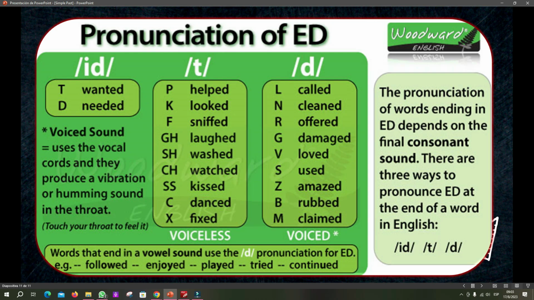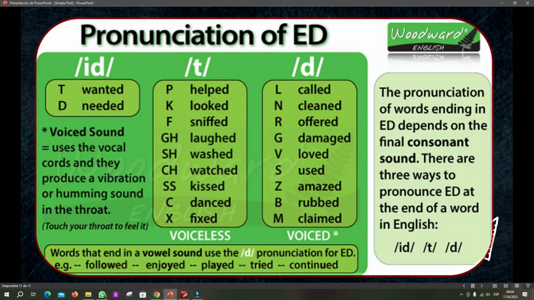También el sonido de las vocales al final del verbo también las van a pronunciar con D. For example, followed, enjoyed, played, tried, continued, right? Obviamente estoy exagerando los sonidos, pero es importante que usted a la hora que esté hablando en pasado se escuche la diferencia, que usted en verdad estaba hablando en pasado.